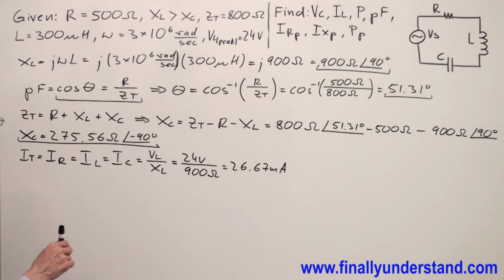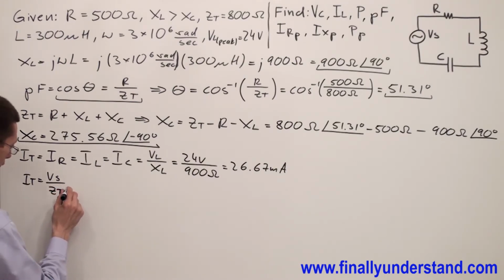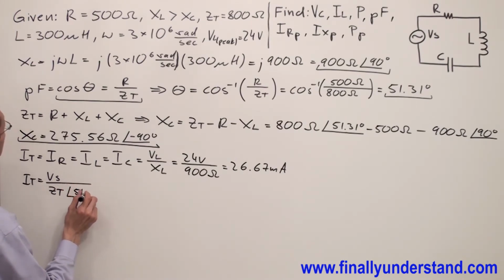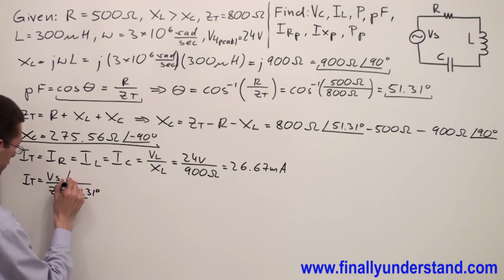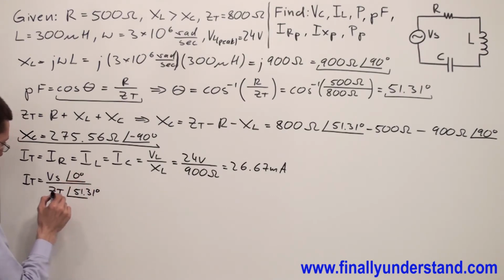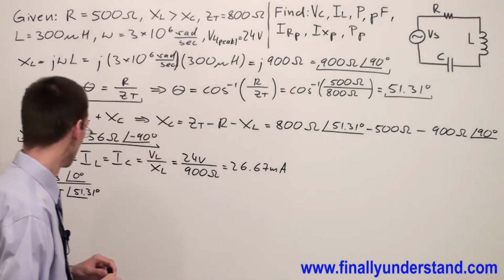In order to find the angle, you're supposed to write the formula which says I total is equal to voltage source over Z total. We found that Z total has angle of 51.31 degrees. We assume that voltage source has angle of 0 degrees. We do this assumption in order to make the circuit analysis a little bit simpler.